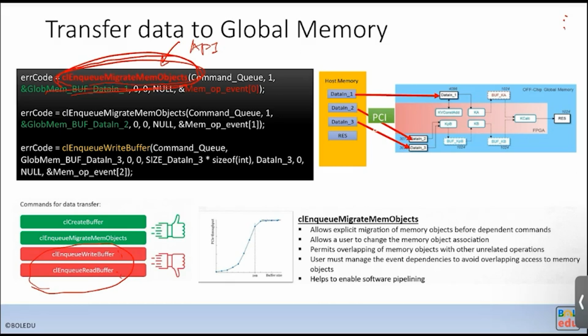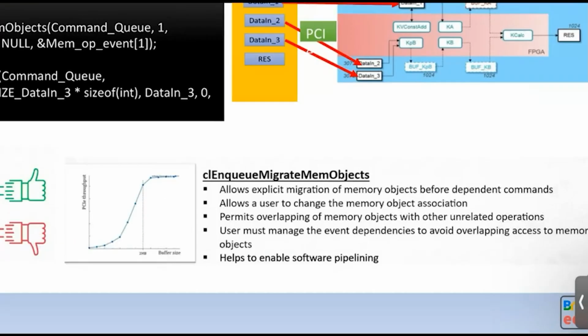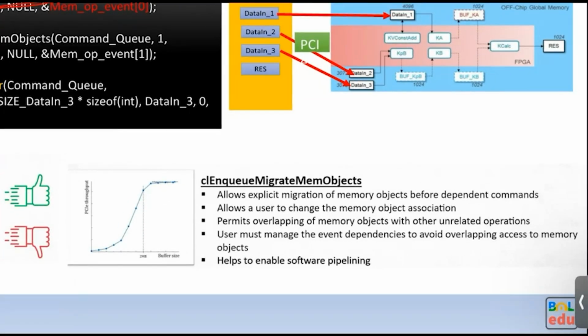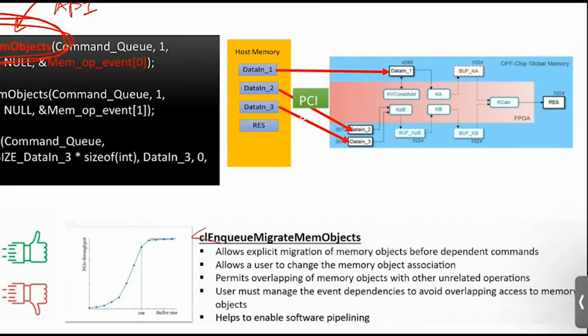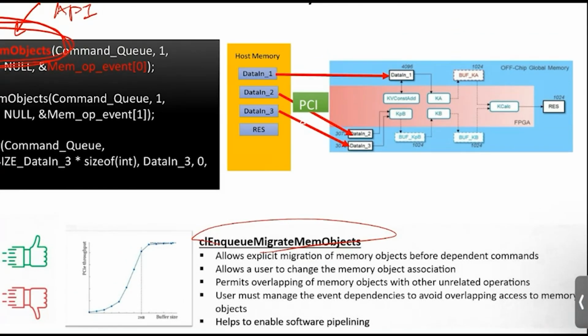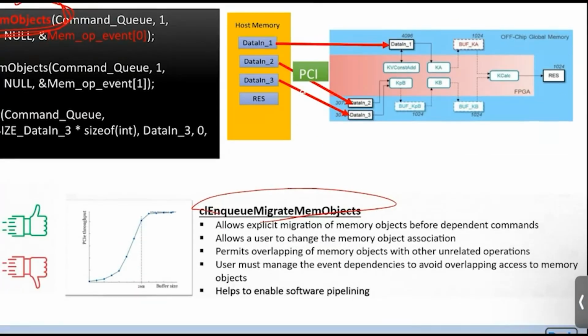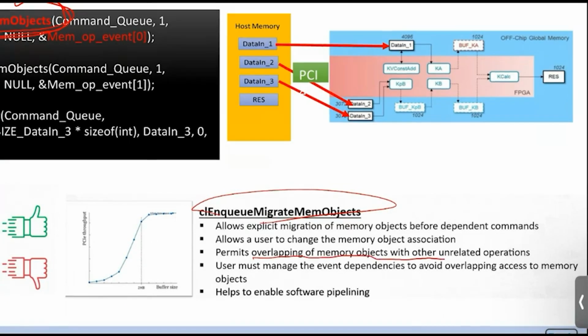So by using this API, it gives you an opportunity to overlap the memory object with other unrelated operations, and you also respect the dependency on them.